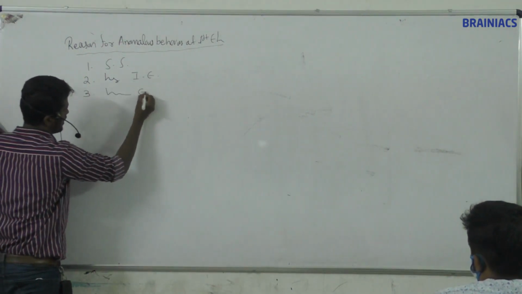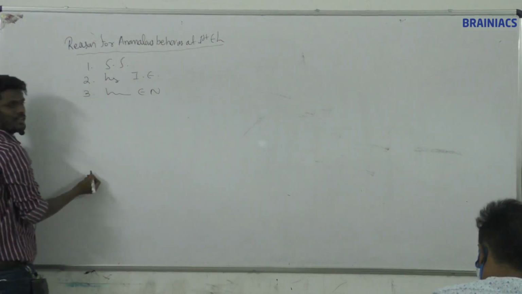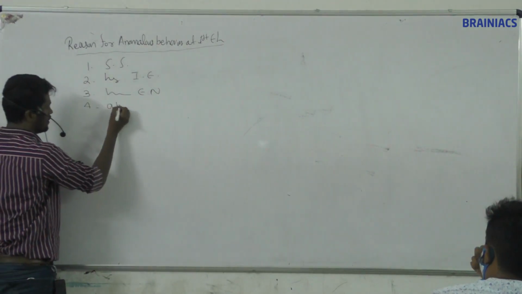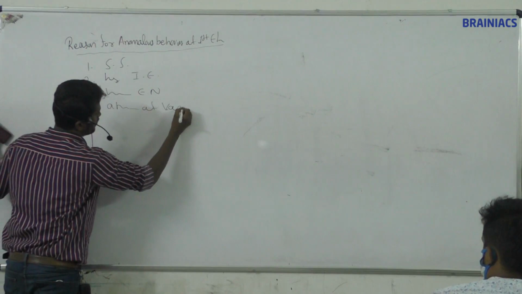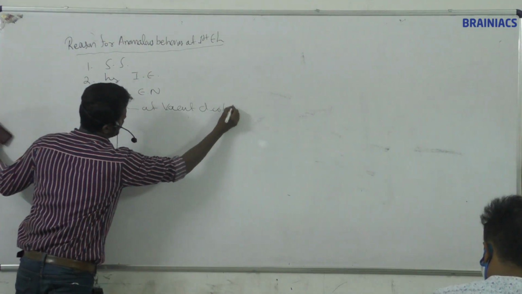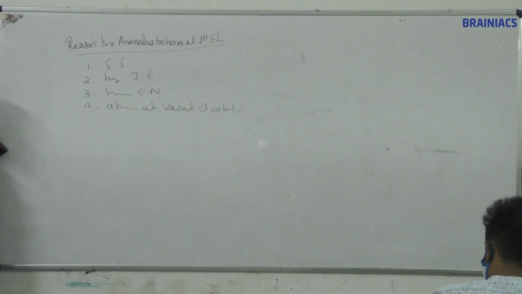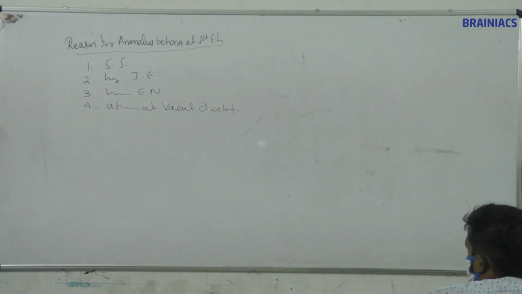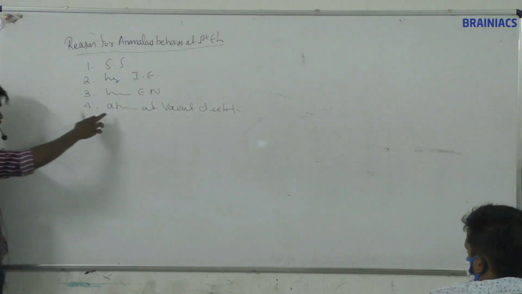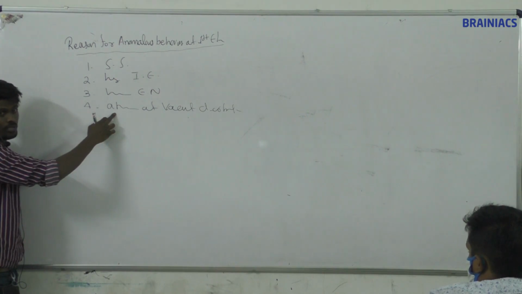Next, high ionization energy. Third, high electronegativity, and fourth is absence of vacant d orbital. In s block elements, the fourth property will be high polarizing power, more than absence of vacant d orbital.